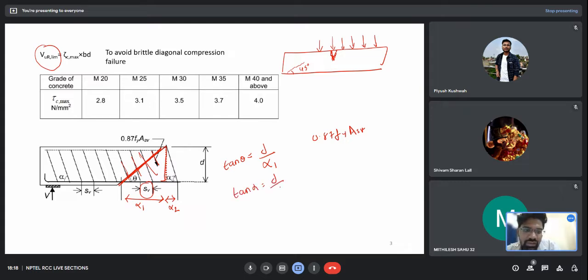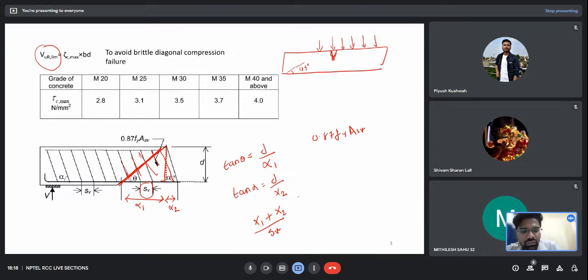Tan alpha will be d upon x2. Within this crack, what will be the total number of stirrups? The total number of stirrups would be nothing but (x1 plus x2) divided by Sv. Are you getting me?